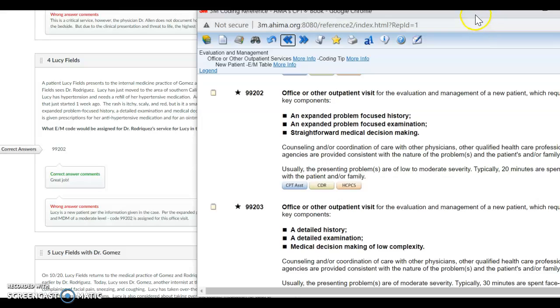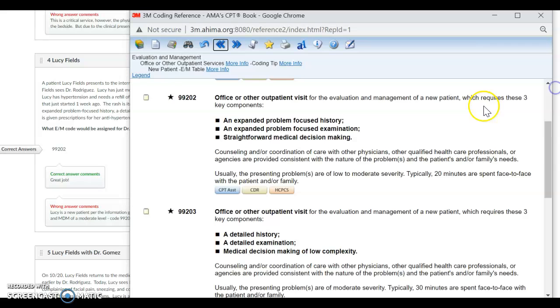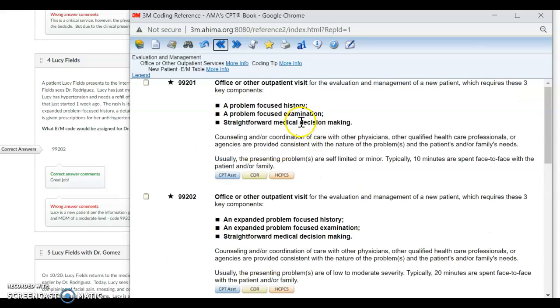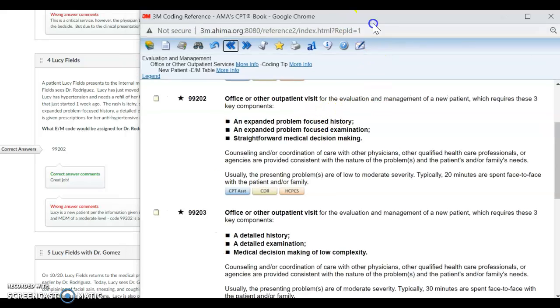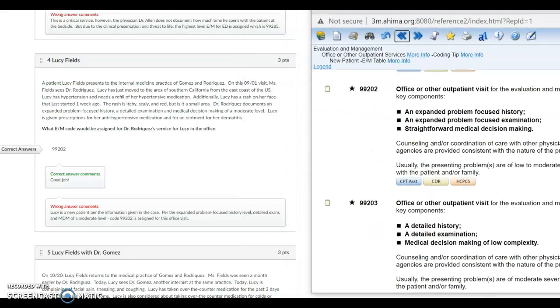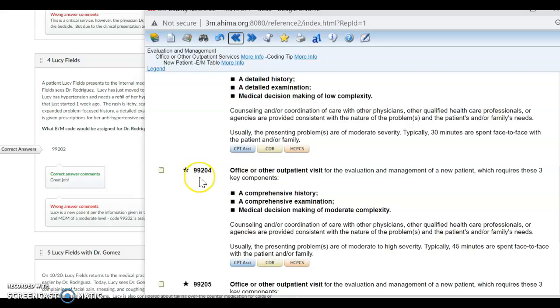Okay, I need all three key components. So I can tell you, just looking at this right now, it doesn't matter unless my other two are down here. So let's go ahead and look at this. So expanded problem focused history. We have a detailed exam, which is a 99203. And lastly, on this one, we have the medical decision making, which is moderate, which is all the way up to a 99204.